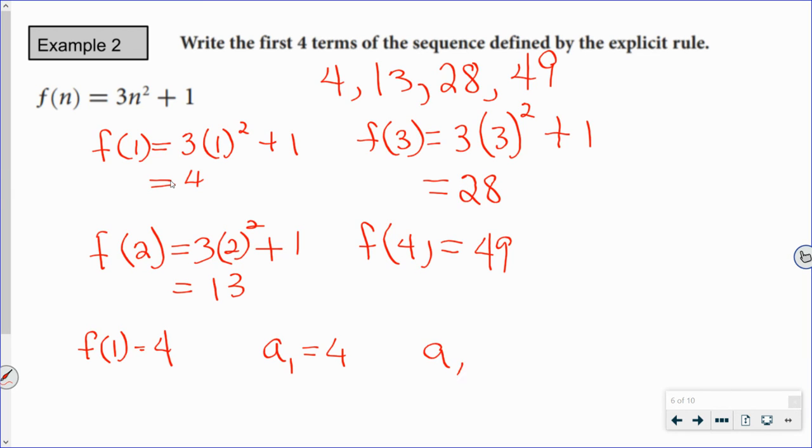And if I wanted to write the 4th term, I could write it this way too. A subscript 4 is 49. Either way is okay. In fact, you're going to see it both ways on tests and quizzes and EOCs, but they're the same thing.